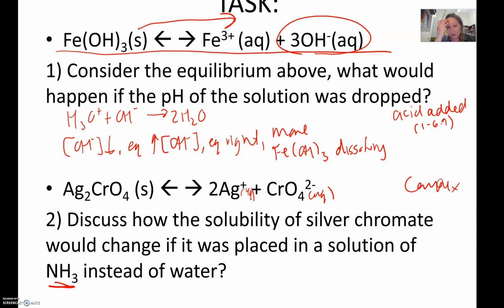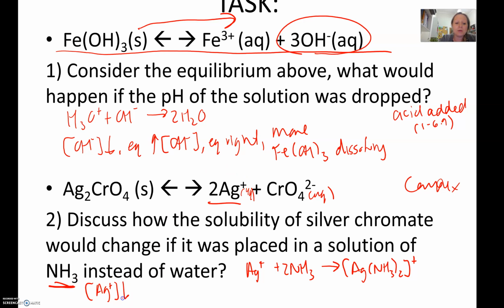But if this was to happen, your silver ions actually react with 2 NH3, so this is one of the ones that's not 4, and it forms the Ag(NH3)2+ complex ion. Now if that happens, then the concentration of our Ag+ ions in our equilibrium has decreased because the side reaction of the complex ion has happened.